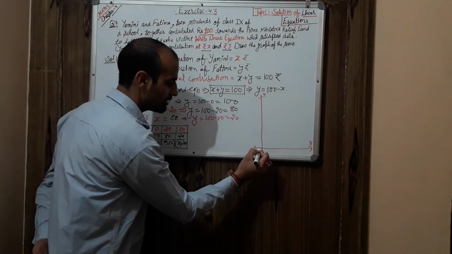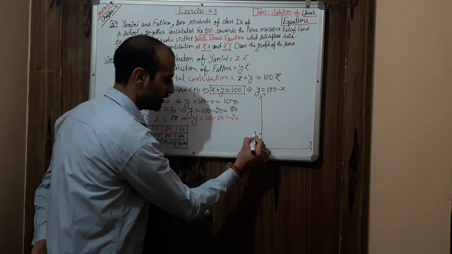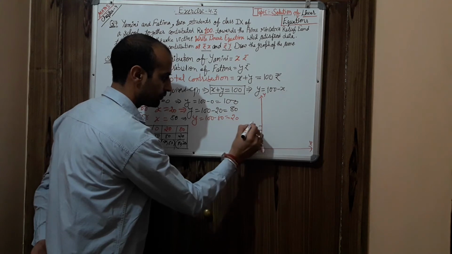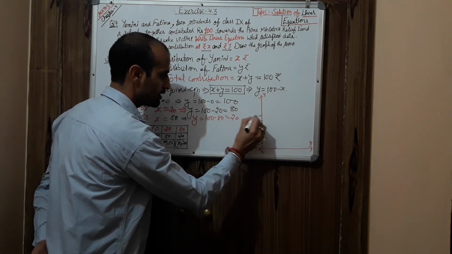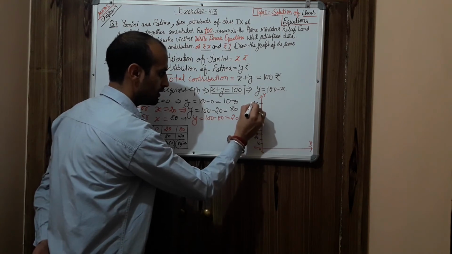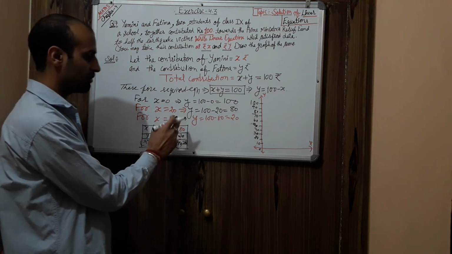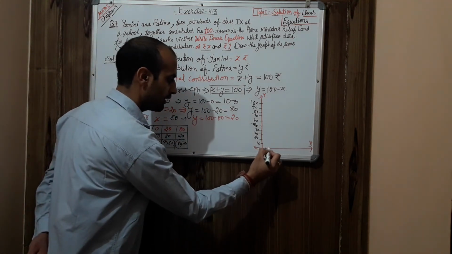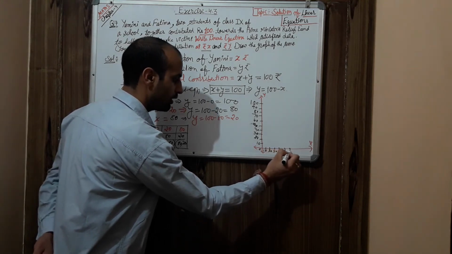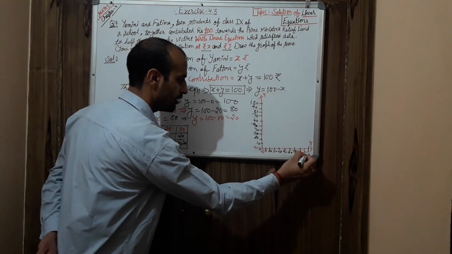If this is the origin, then 10, 20, 30, 40, 50, 60, 70, 80, 90, and this is your 100. Similarly on the x-axis, you can take 10, 20, 30, 40, 50, 60, 70, 80, 90 and 100.